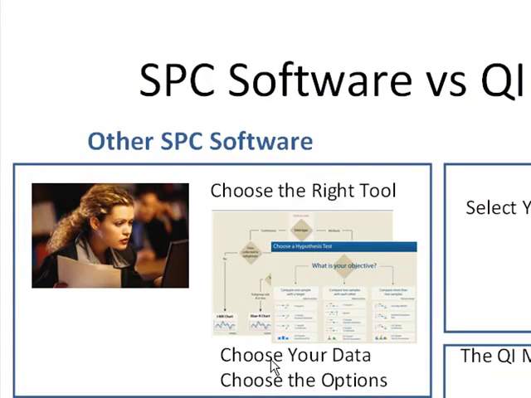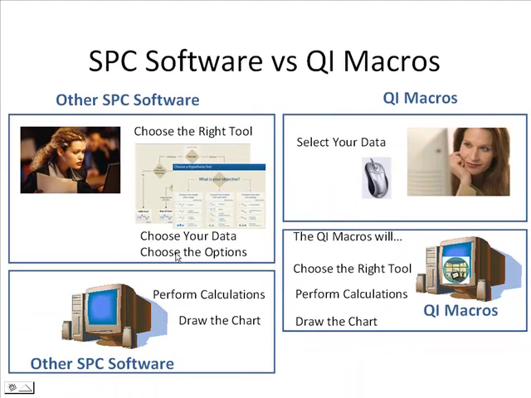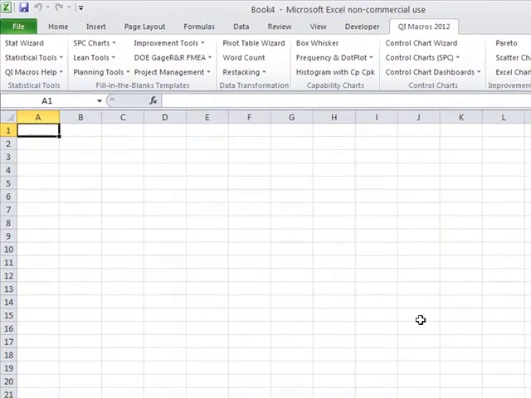Then I have to pick my data, then I have to choose all these options, and then, and only then, will they perform the calculations and draw the chart or do the statistics. In the QI Macros, you just select your data with the mouse, and then the QI Macros wizards will help you choose the right chart or tool, perform all the calculations, and draw the chart or come up with the statistic. So let's look at an example.